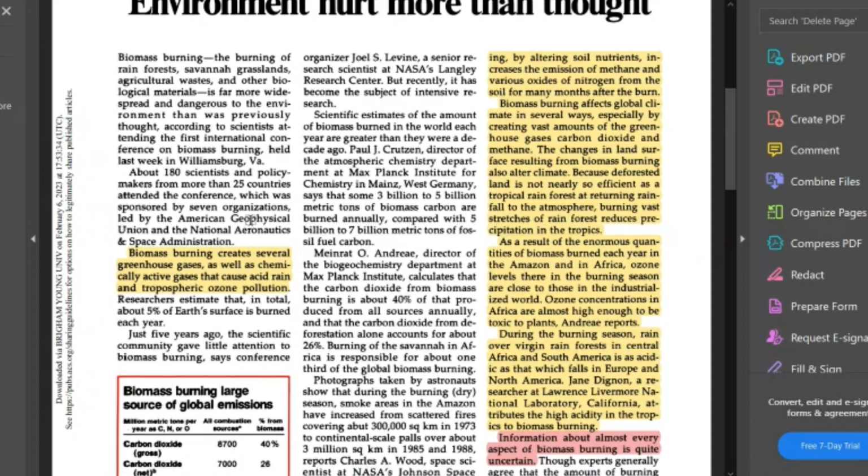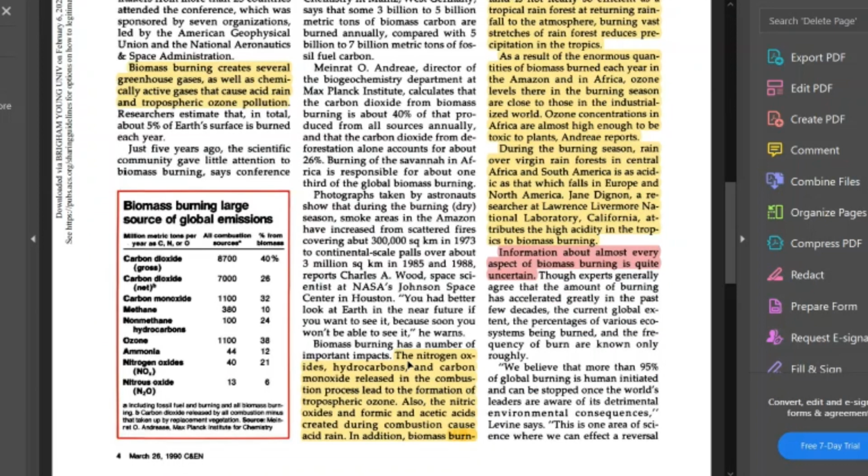It says here, biomass burning creates several greenhouse gases, as well as chemically active gases that cause acid rain and tropospheric ozone pollution. The nitrogen oxides, hydrocarbons, and carbon monoxide released in the combustion process lead to the formation of tropospheric ozone.